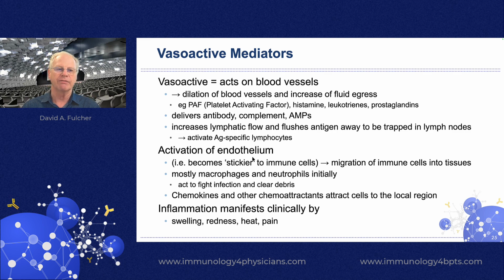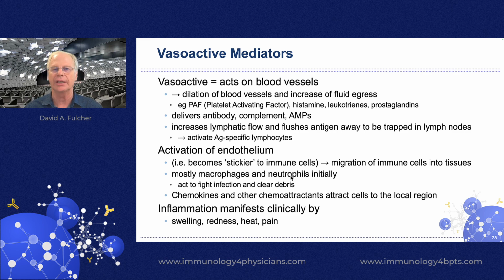Now, vasoactive mediators also act on the endothelium to activate it, in other words, it becomes stickier to immune cells and allows them to migrate into the tissues. And this includes neutrophils. Remember, neutrophils are generated throughout life and look for this activation of the endothelium, and that tells them where to go.